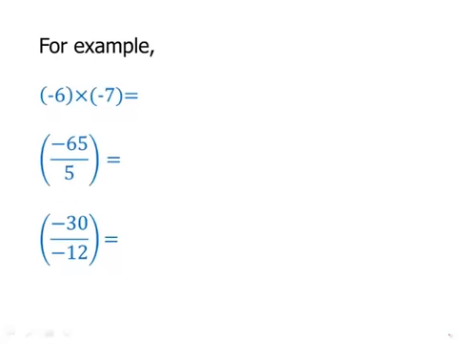For example, pause the video here and find the answers to these three. Okay, the first one we see is a negative times a negative, so that's definitely going to be a positive. That's just going to be positive 6 times 7, which of course is 42. The second one, we have a negative divided by a positive, so that will be negative.